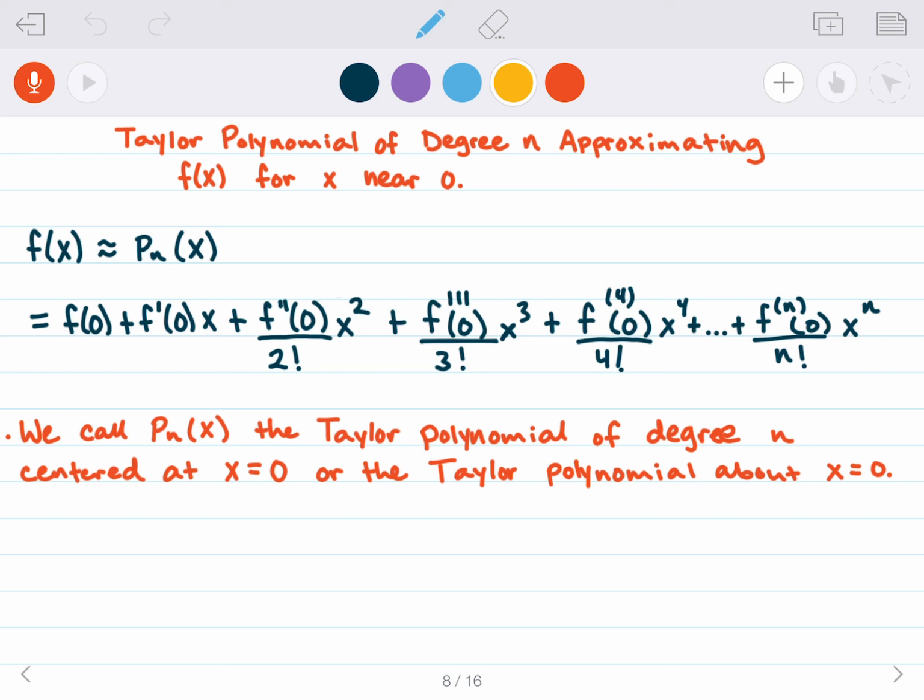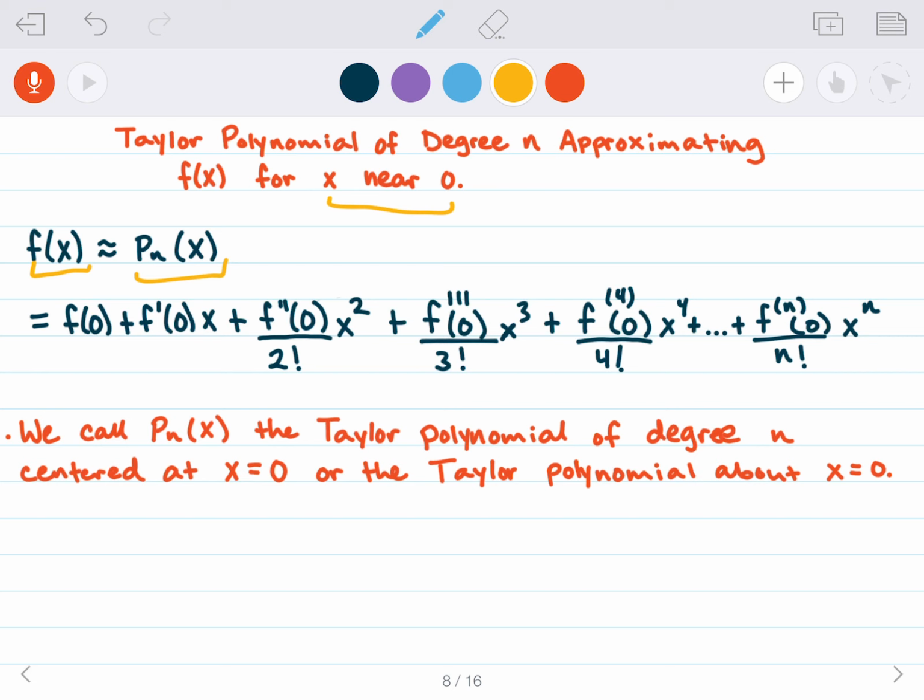Okay, so here's what it says. It says that we can approximate a function such as cosine of x, such as e to the x, with a polynomial function of degree n, and this is the way we do it. And this is, by the way, for x near 0. We're going to talk about a more general case in a few slides.